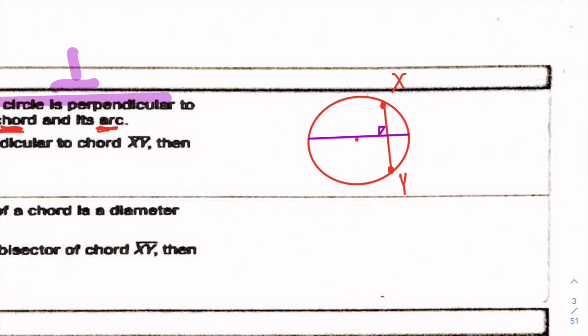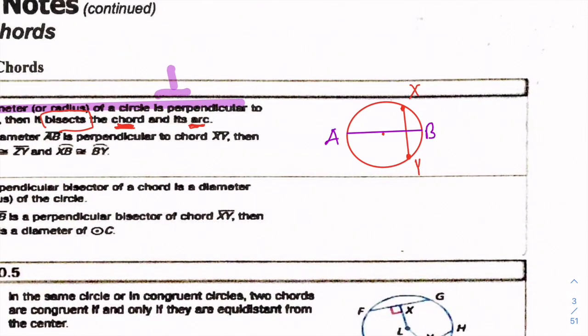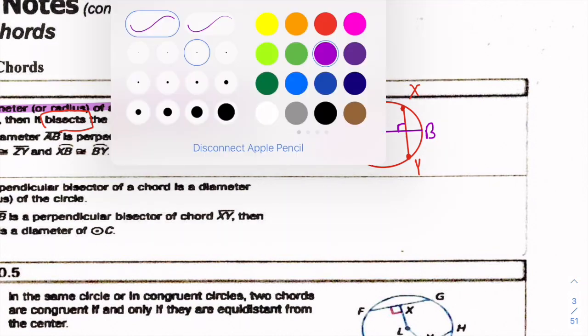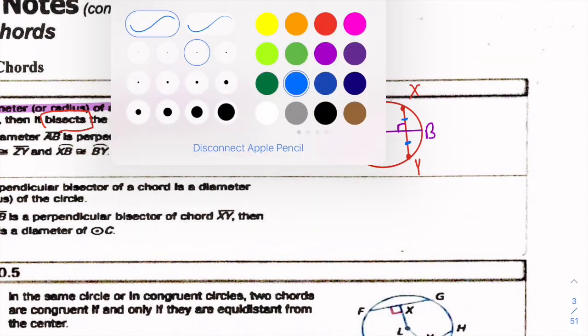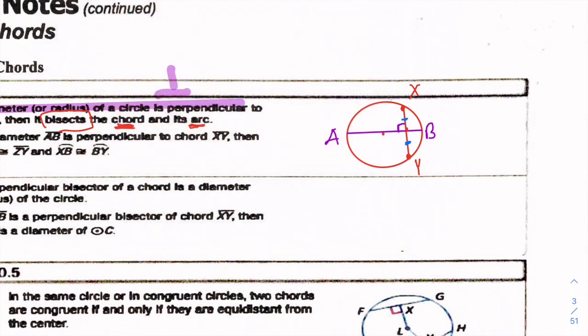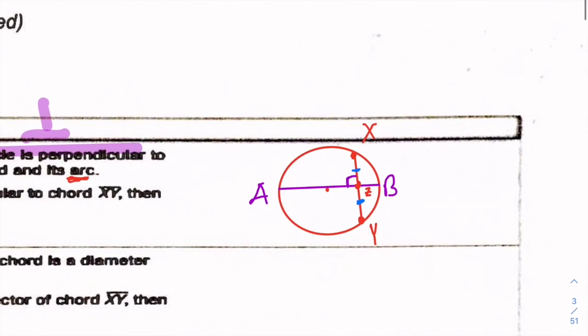Now, if that's true, oh, my notability froze. Okay, if that is true, let's call this AB. Then, if it is 90 degrees, that is saying it's gonna bisect the chord, which means this is congruent. We might as well call this Z. That's congruent, and also these arcs are congruent, okay?